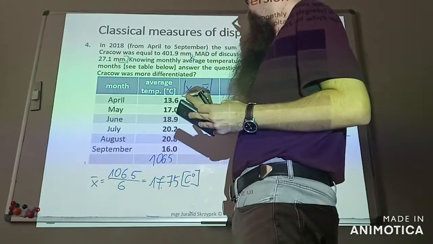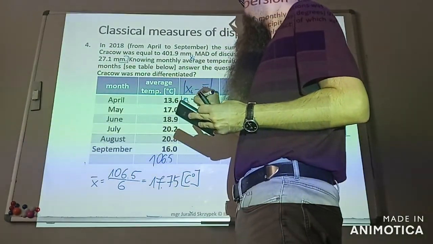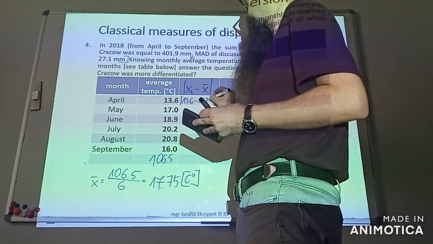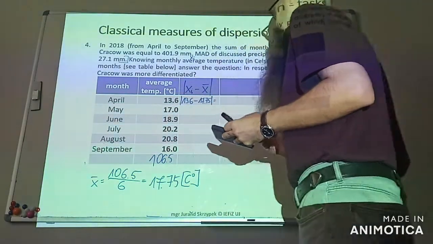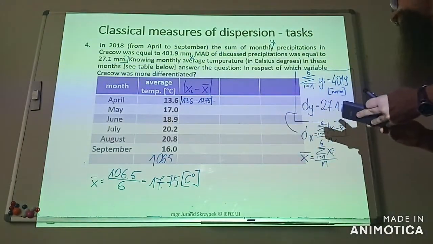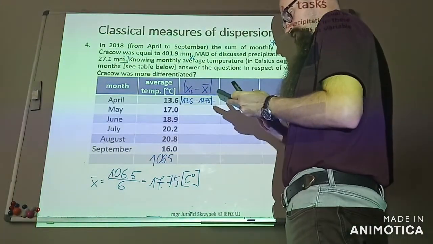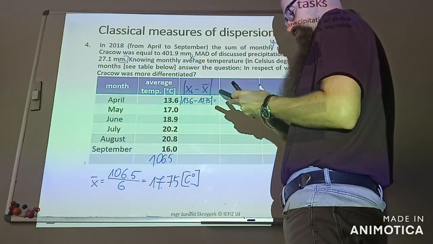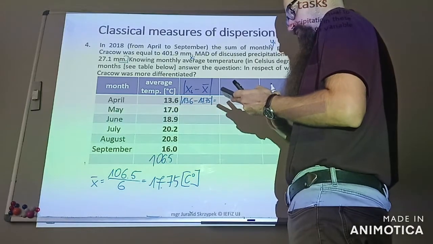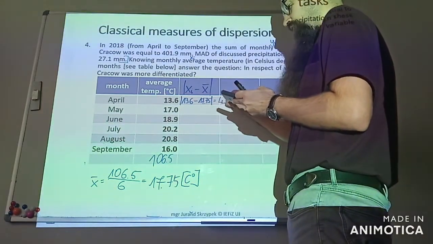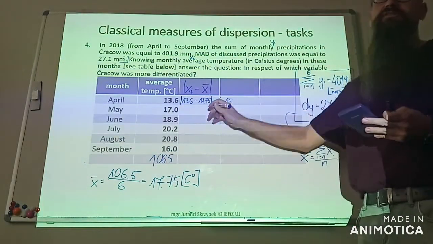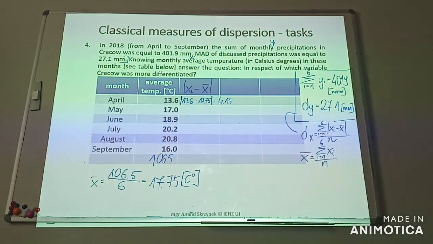In the first step I have 13.6 minus the mean 17.75, and the module of this difference is 4.15, because this is the module of the difference.